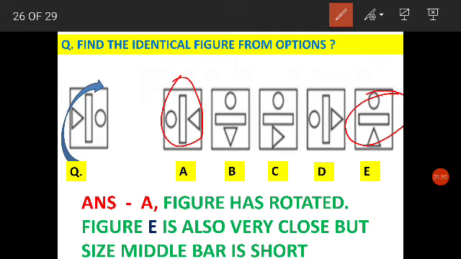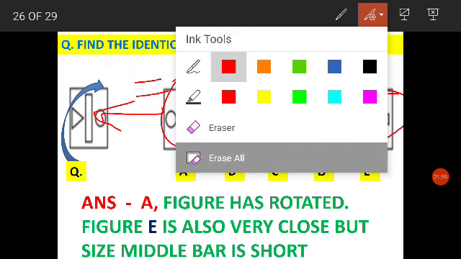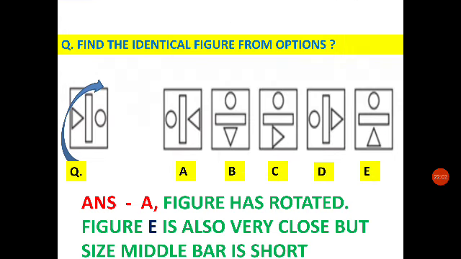Here the middle bar and this middle bar, they are equal. So when you get less than 30 seconds and you get this kind of question, then obviously you have to be very, very careful.